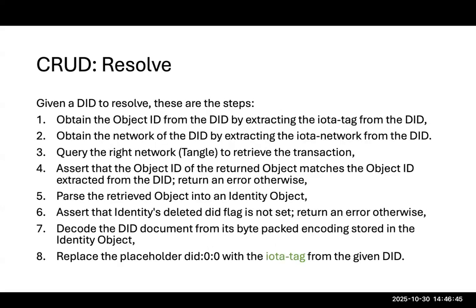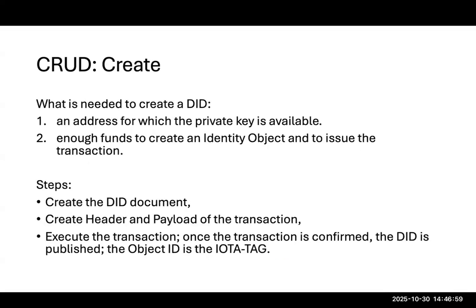Resolve. Now we are in a situation in which someone else is providing us his DID. I missed another important point. There are essentially two libraries involved in these steps: the IOTA client, that is the client agent that you use to make transactions, and the IOTA Identity framework that helps you deal with the identity.